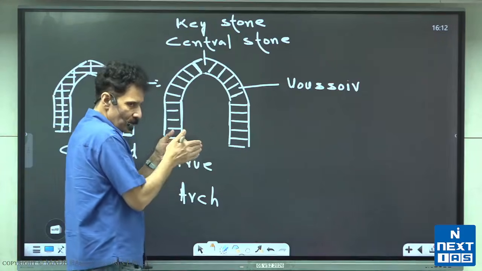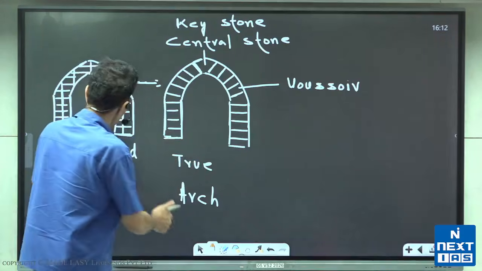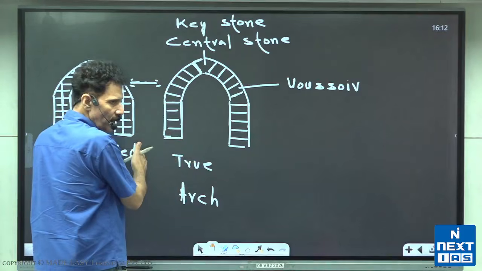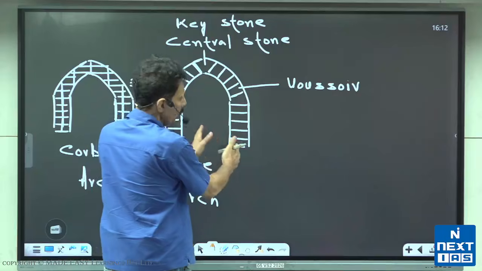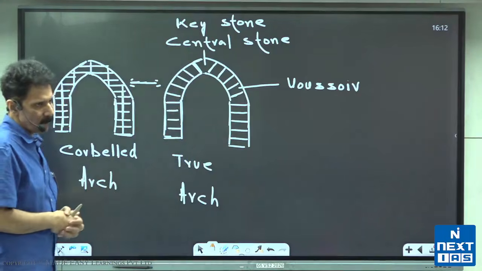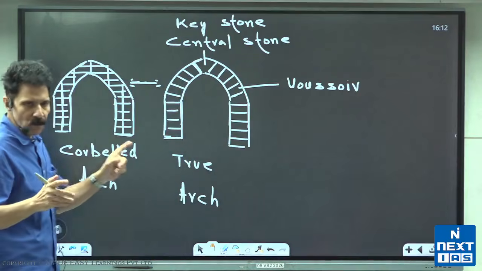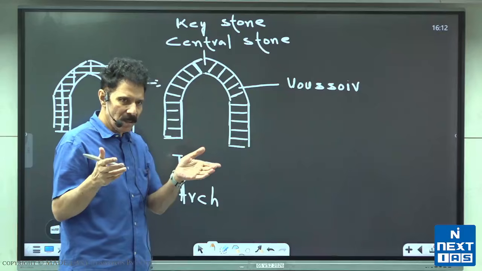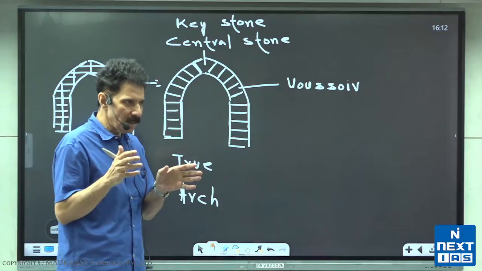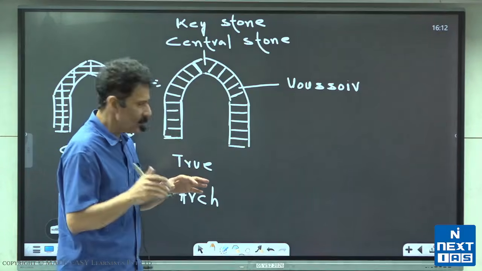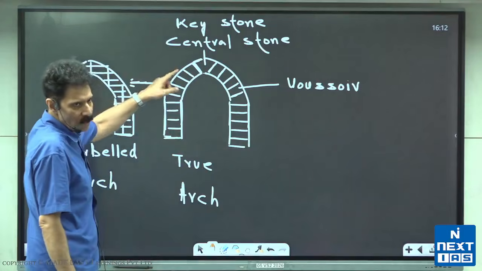Now, during the Delhi Sultanate, in the very initial phase, the true arch came to be constructed. And I am making the shape. Arches could be circular arch, pointed arch, different types are there. Since pointed arches were constructed, I am also drawing pointed arches.